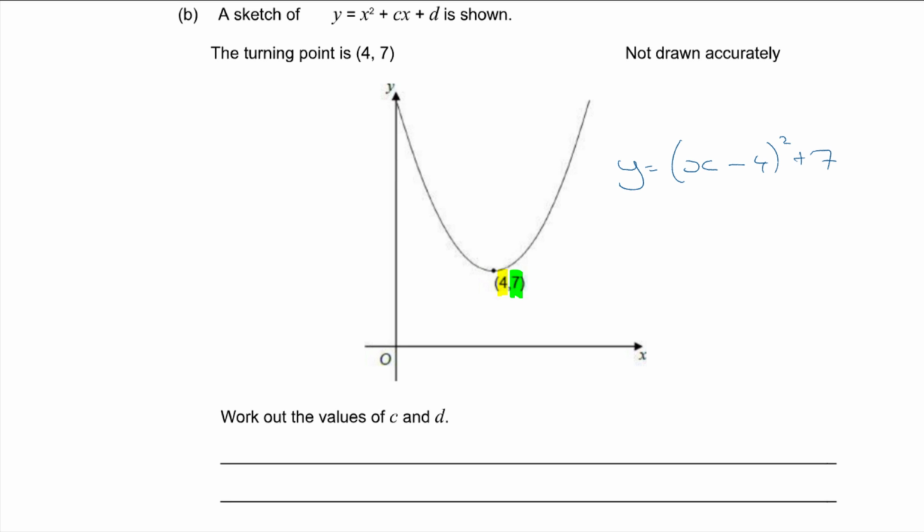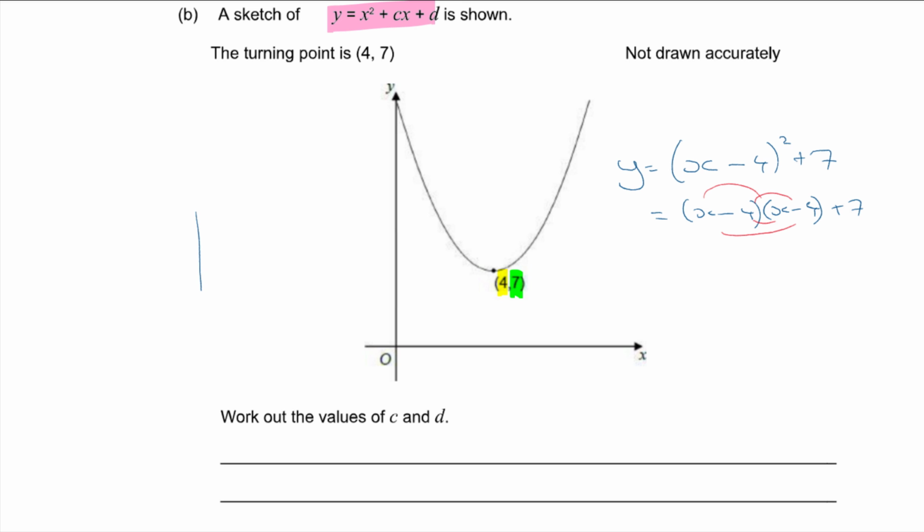But that's the completed square form, and we actually want the expanded form. So I'm going to have to multiply that out and work out what we've got. So x minus 4 all squared, x minus 4, x minus 4 plus 7. So just writing out the double bracket like that. Okay, so we need to multiply this out. So you could use FOIL, first, outside, inside, last, or smile, 2 eyebrows, a nose, and a mouth.